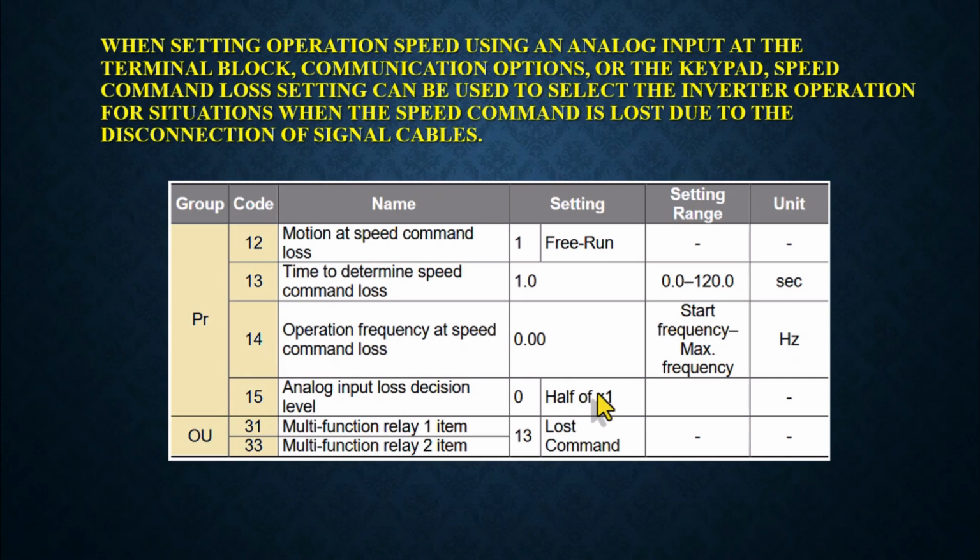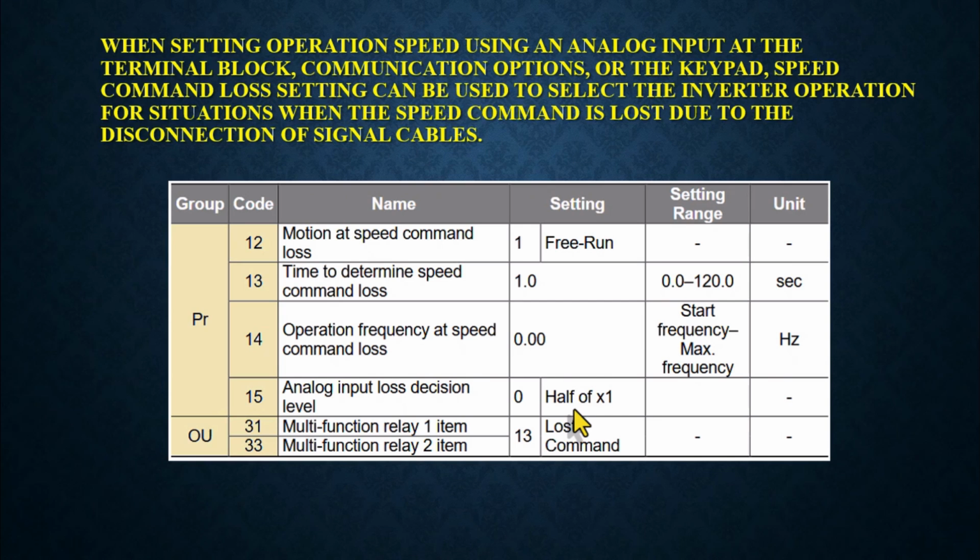In the analog inputs, you would specify 2 points in the inverter: a lower limit and an upper limit. For example, you'd say at 4 milliamps, my frequency should be 0, and at 20 milliamps, my frequency should be 50. If you set it to option 0, which means half of the first point, then 4 milliamps becomes half, 2 milliamps.